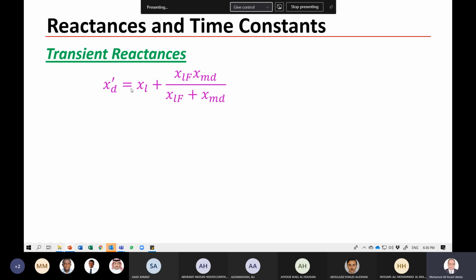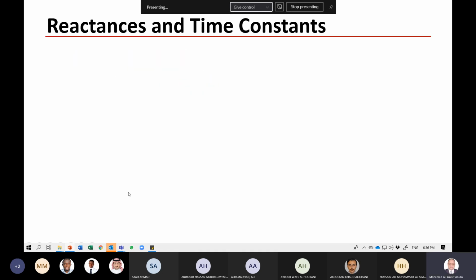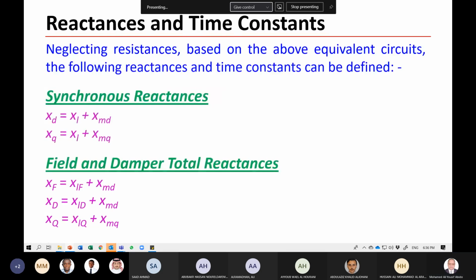Based on that circuit, you can write Xd prime equals the leakage reactance plus the field and the mutual connected in parallel.